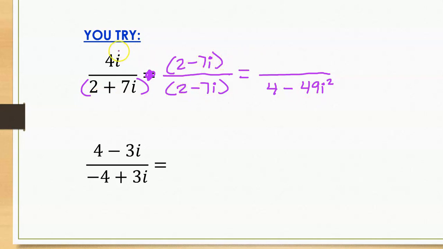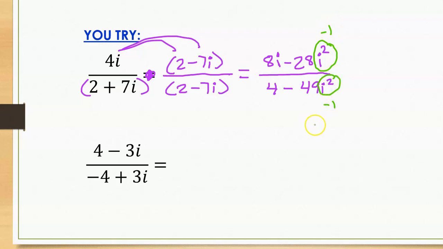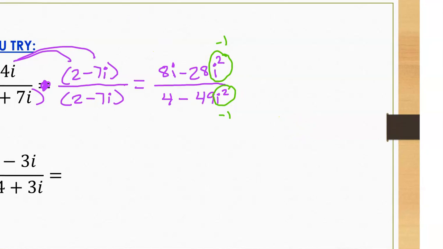In the numerator, I'm distributing, so I will have 8i minus 28i squared. I squared is negative 1. So on my next step, the negative 1 turns the negative 28 into a positive 28.